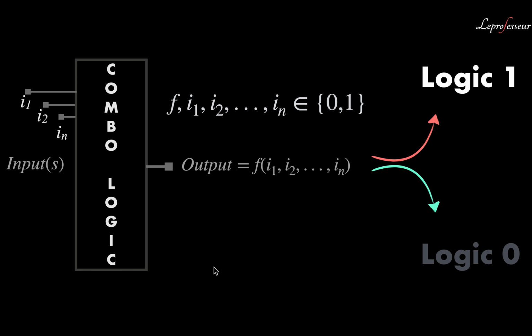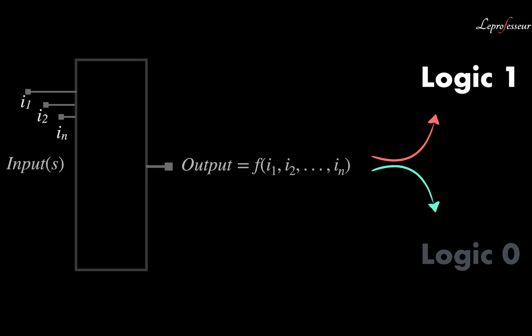Now, when we look at the output, it can go either 1 or 0. So that gives us an important clue that our combinatorial logic circuit can be divided in two parts. One part can pull the value to 1, a pull-up circuit, which can pull the value of the output to VDD, or logic level 1.